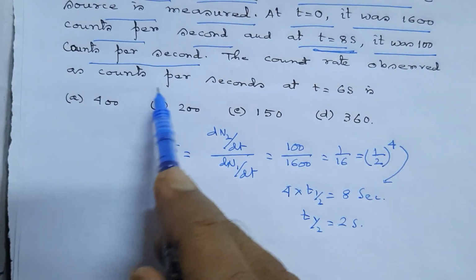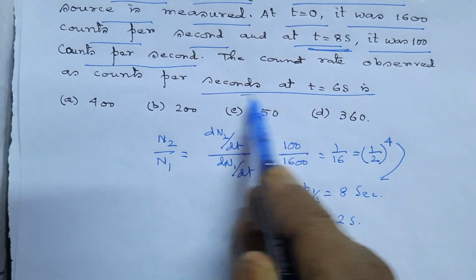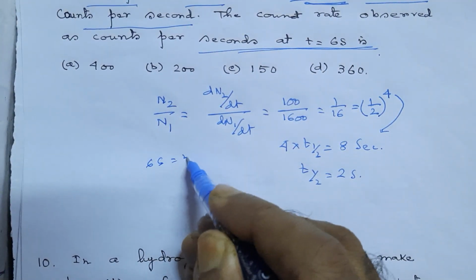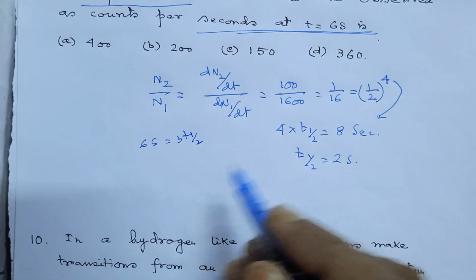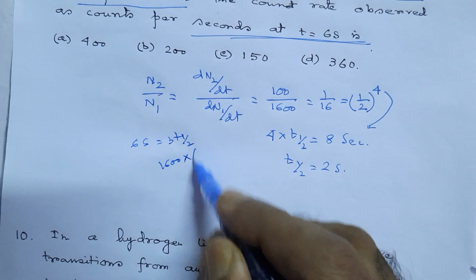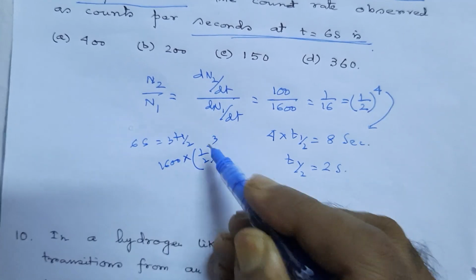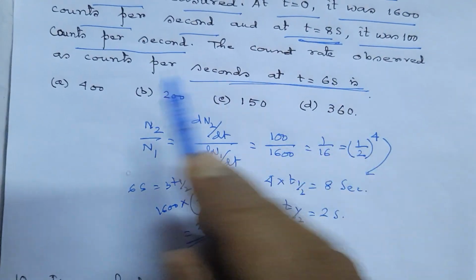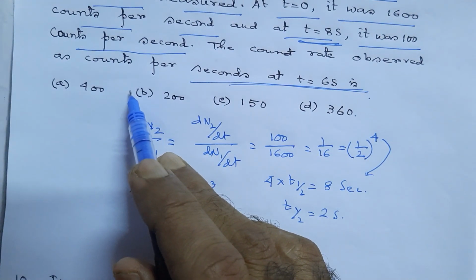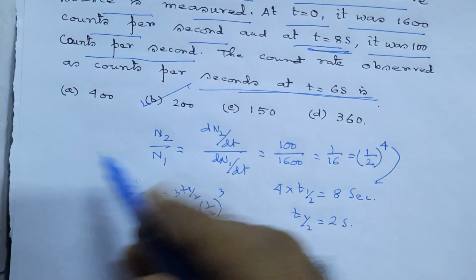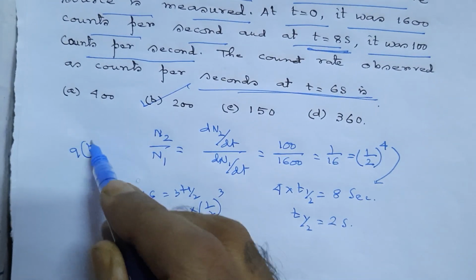The count rate observed, in counts per second at t equals 6 seconds, where 6 seconds equals 3 into t half, is 1600 into half to the power 3, that is 200. So the count rate observed at 6 seconds is 200. So 9B is our correct choice.